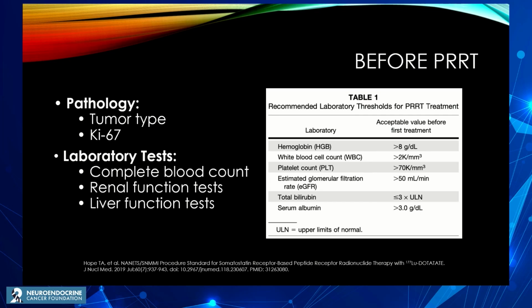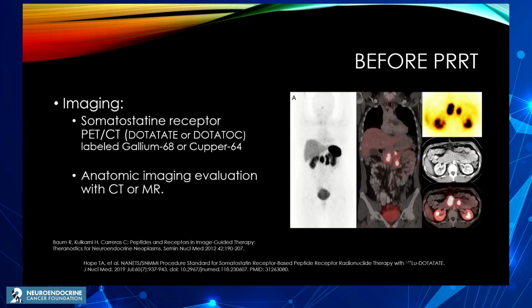Before the treatment, it's also important to test some laboratory thresholds, because if the patient has issues with the blood cells, there will be complications that we will talk about later on. It's also important to have renal and liver function tests to ensure that these organs are functioning properly before the treatment.